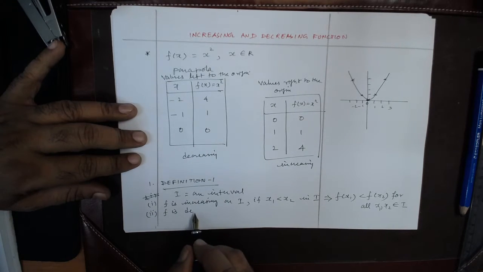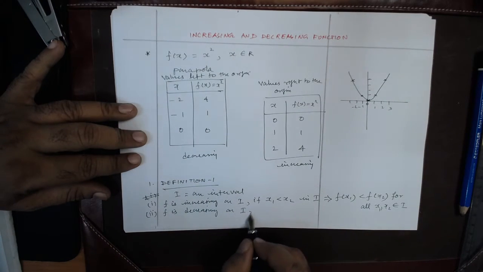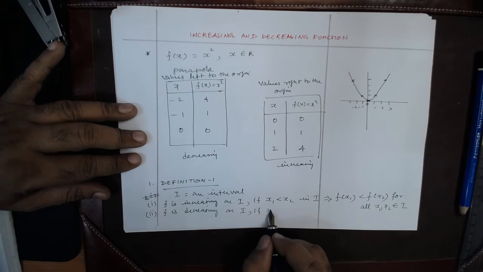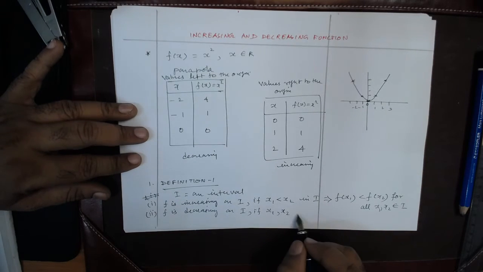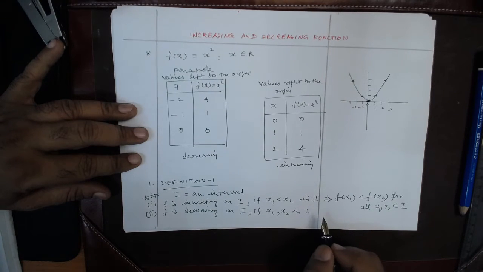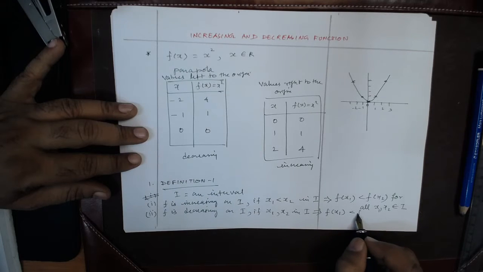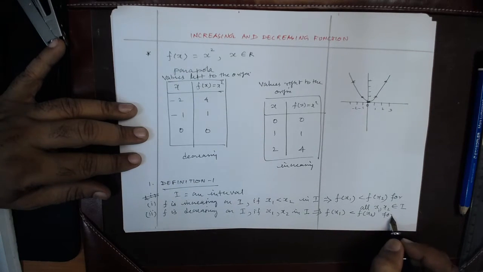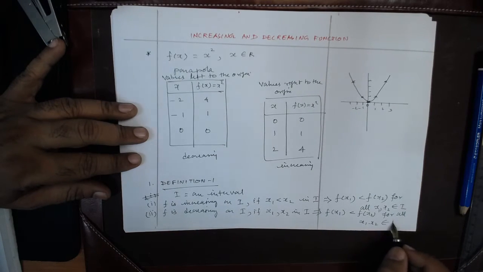F is decreasing on the interval I if x1 and x2 in interval I such that f of x1 is less than f of x2 for all x1, x2 that belong to I.